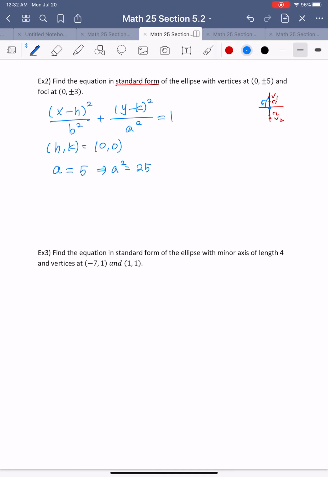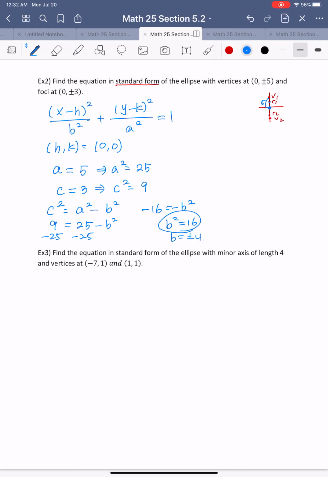So we have the c here. c is the distance from the center to the foci, which is 3, which means c squared equal to 9. So in order to find b squared, we have to use a formula, which is c squared equal to a squared minus b squared. So 9 is equal to 25 minus b squared. Subtract 25 from both sides. Negative 16 equal to negative b squared. b squared equal to 16, and b is plus minus 4.